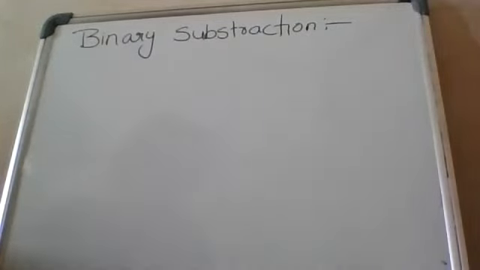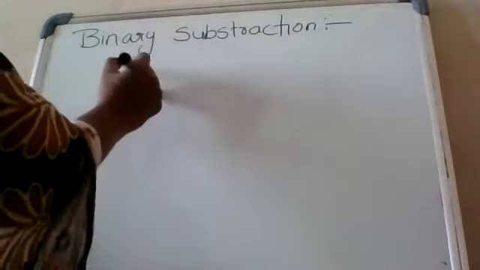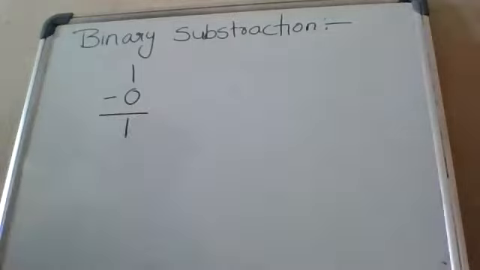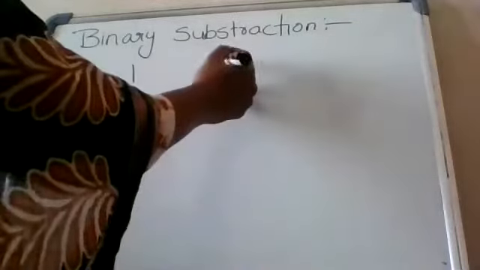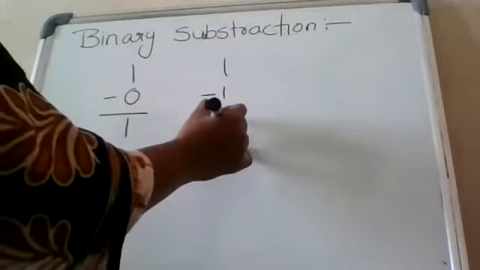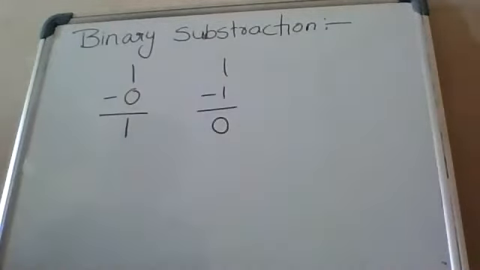In binary subtraction, 1 minus 0, we get 1. 1 minus 1, we get 0.